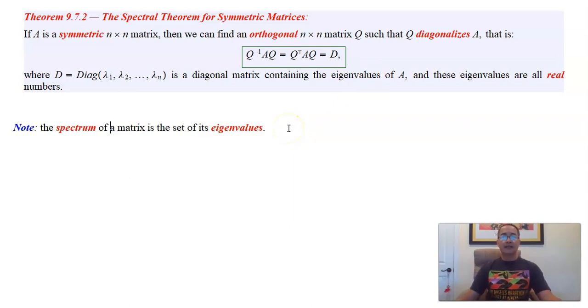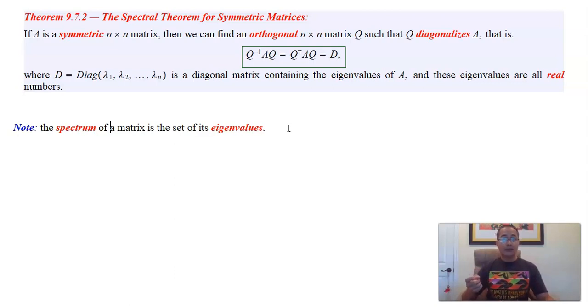Okay? So why is it that we can do this? Well, what is not so obvious, aside from the eigenvalues being real, is that the multiplicities of each eigenspace have to add up to the dimension of the matrix.